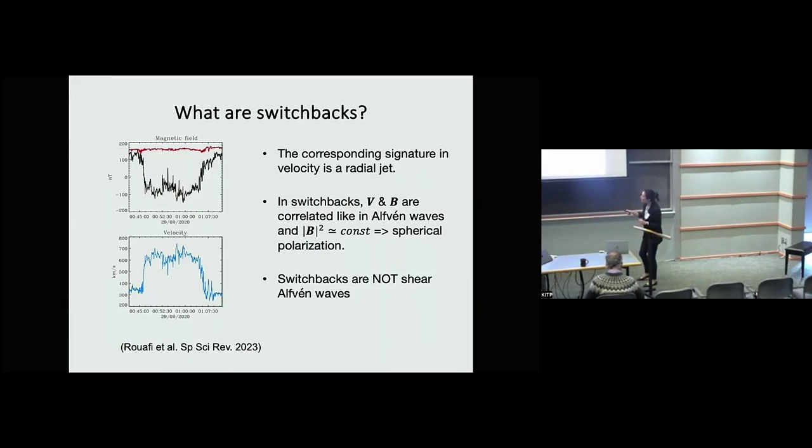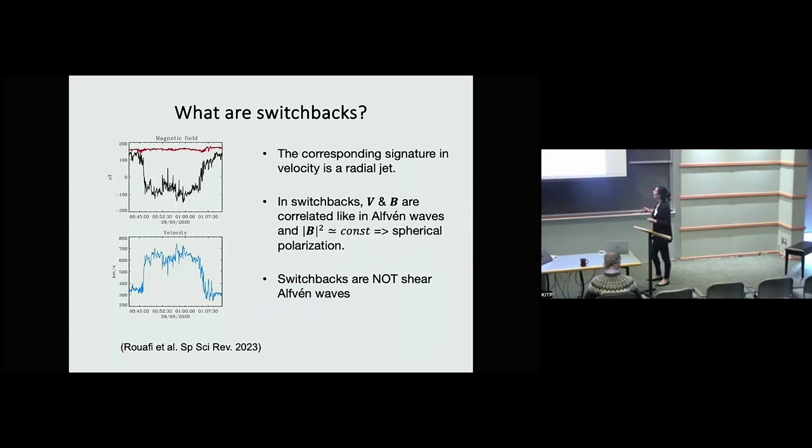The corresponding signature of magnetic switchbacks is that of a radial jet. The velocity is reported in the bottom plot here. This is because, like I said, these are Alfvénic fluctuations, and so the magnetic field and the velocity field fluctuations are correlated in the sense of Alfvén waves propagating away from the sun.